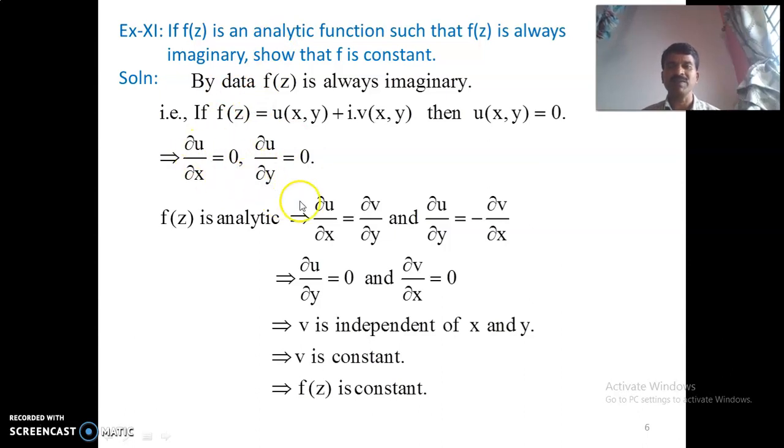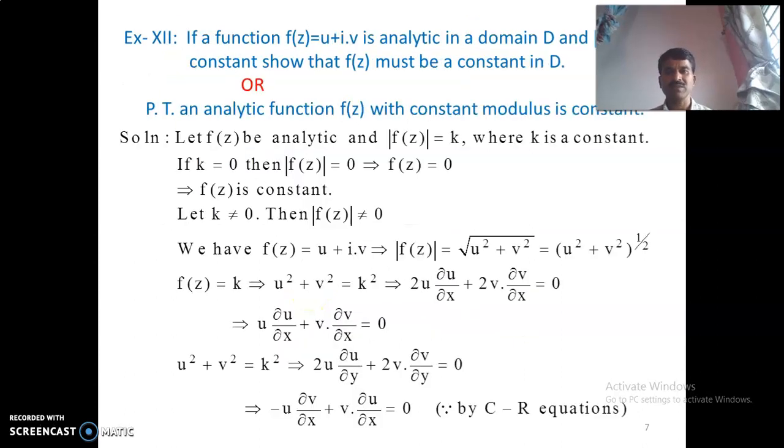Ultimately dou u by dou y is 0, dou v by dou y is 0 and dou v by dou x is 0. So v is independent of x and y, that is, v is constant. If v is constant, f of z is also constant.